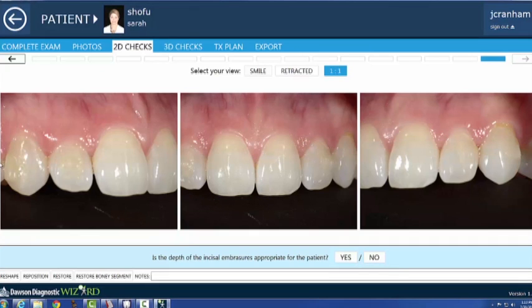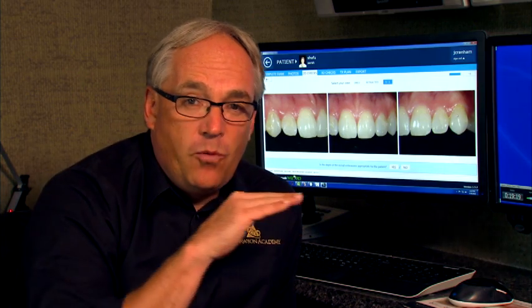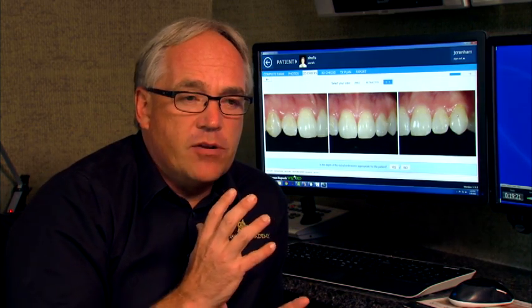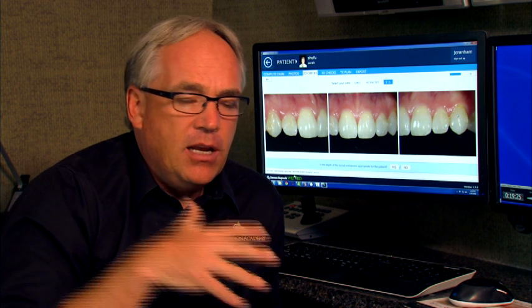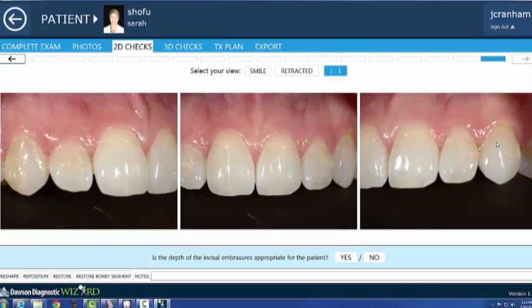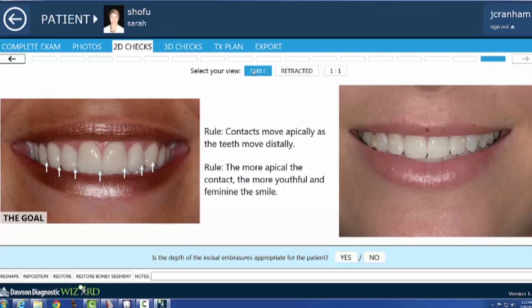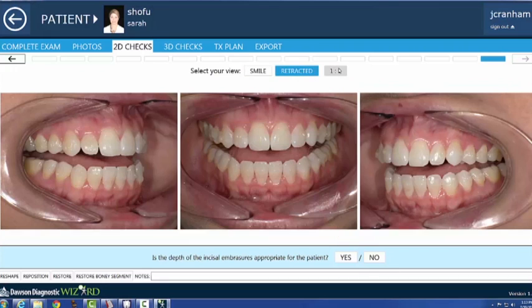That's the rule. If you've got a patient that's really worn out their teeth, this is the picture that really allows you to see how flat the edges are and how we can make some of those changes. But being able to visualize this from the smile, from the retracted view to the one-to-one is key.